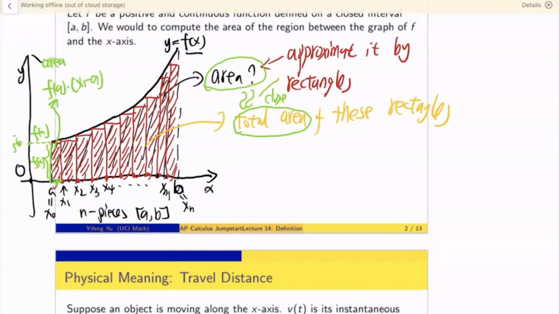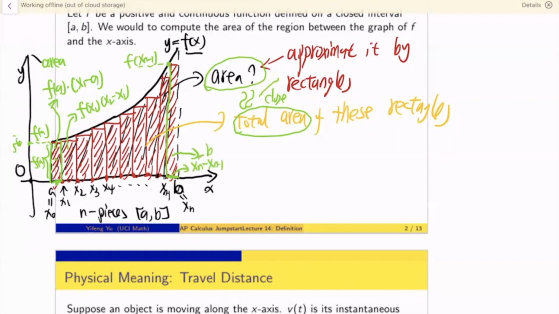How about the second one? Again, if you try to find the area, it will just be f(x1) times x2 minus x1, and so on. Let's look at the last one. What is the height here? The height, the y coordinate, will just be f(x_{n-1}), and the width will just be x_n minus x_{n-1}, where x_n is b.